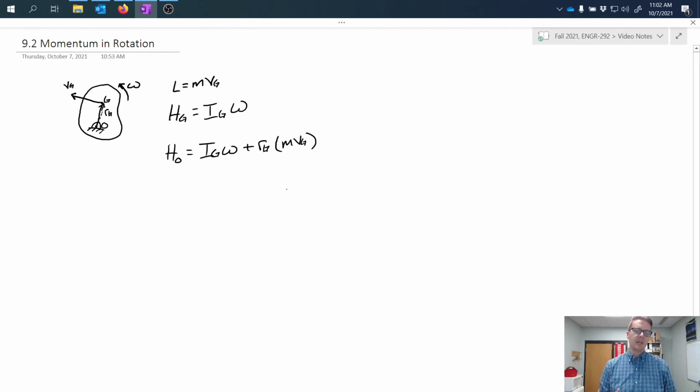Now this will look fairly similar to what we saw when we applied the equations of motion to a rotational system, in that we can do a summation of moments, and we can take the mass moment of inertia about different points and reframe the equation in different ways.